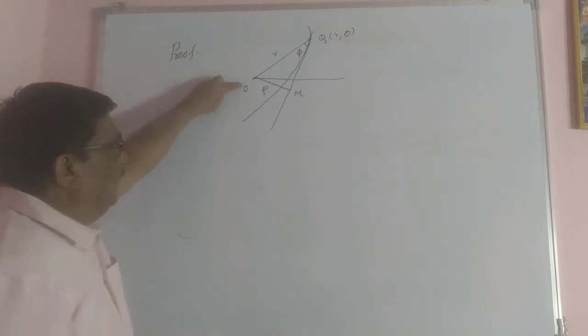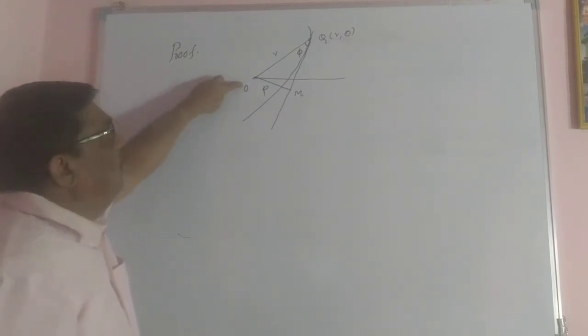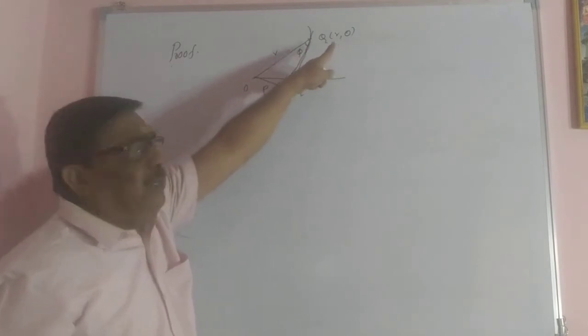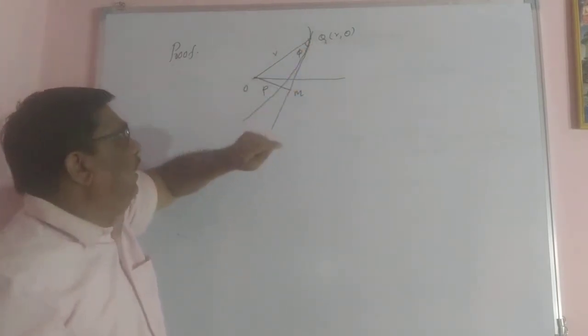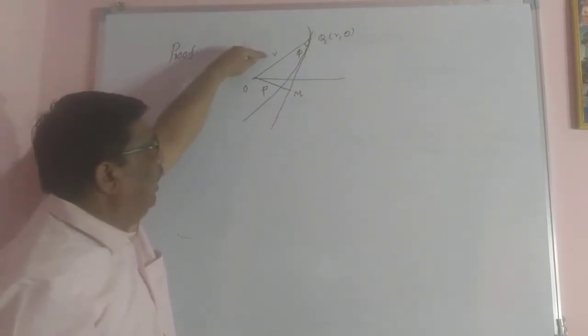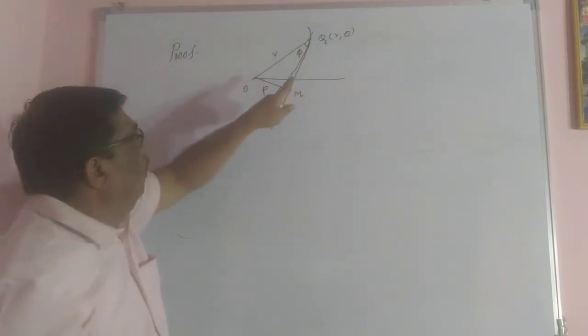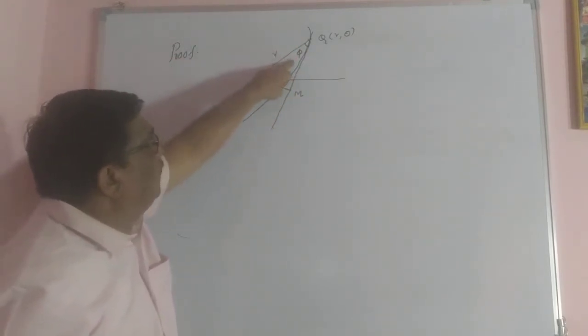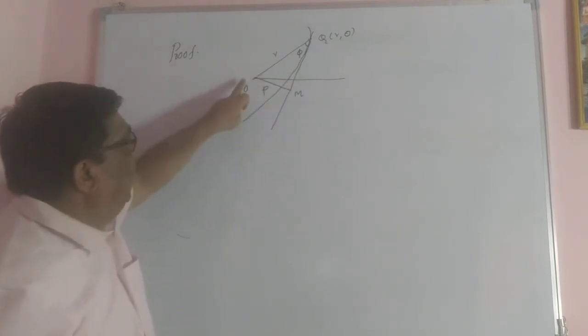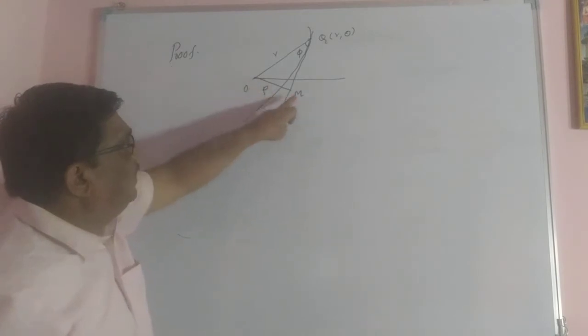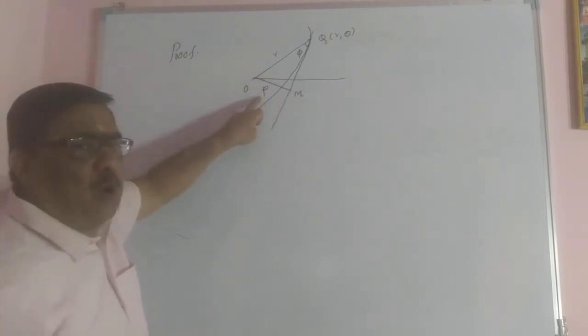Let O be the center of this force and Q(r, theta) be the position of the particle at a time t, such that OQ equal to r. So the tangent at Q makes an angle psi with the radius vector, such that the perpendicular distance from O is OM, that is equal to small p.